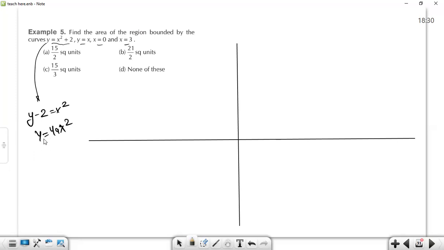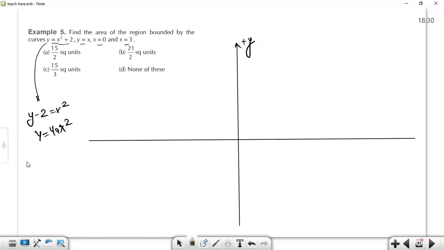For any value of x, y is always positive. So if y is always positive, the parabola is going to face the positive y direction, so the parabola would be upward.